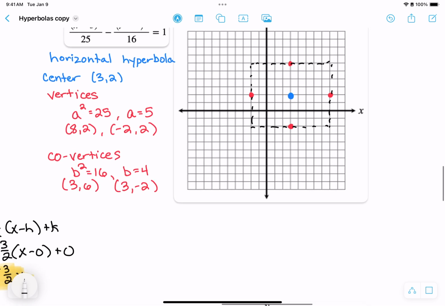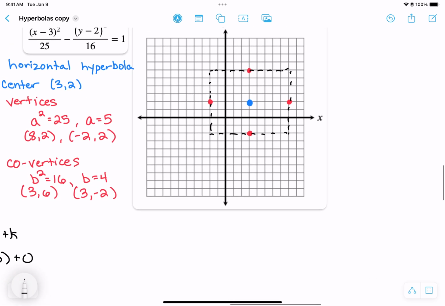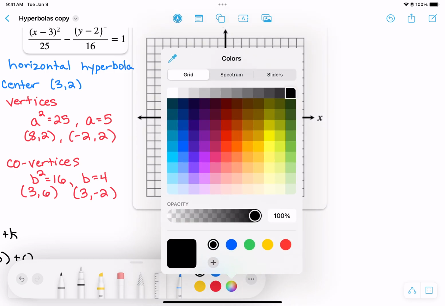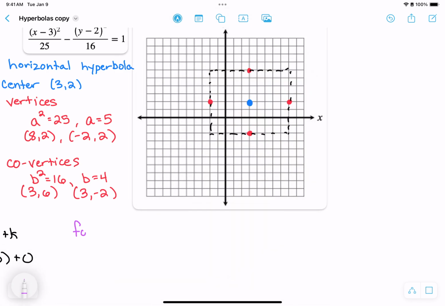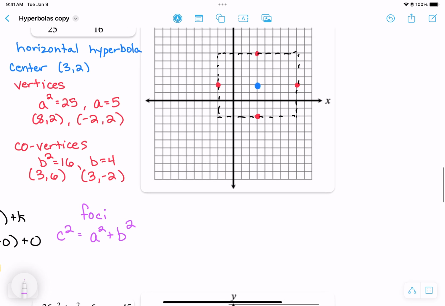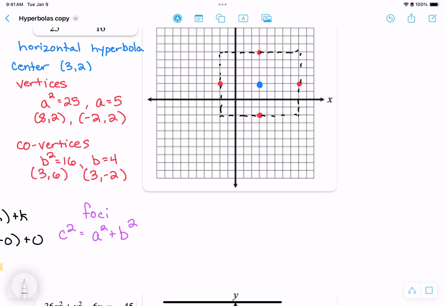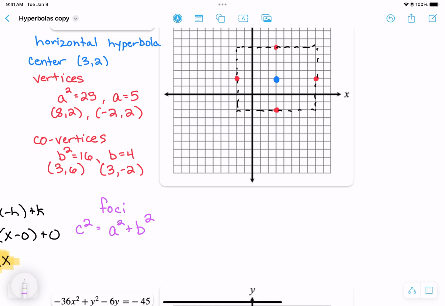Okay. Before we do that, though, let's find our foci, which are found by doing a squared plus b squared, which equals c squared. And we know from the problem that a squared was 25 and b squared was 16.